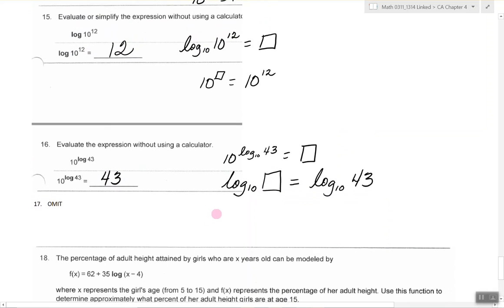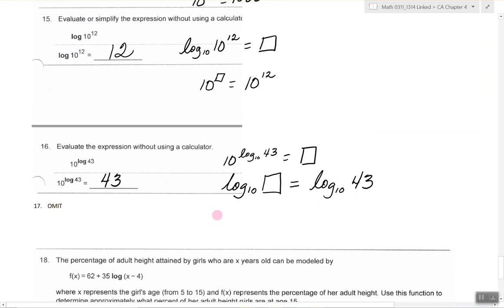Now, these both seem a little odd, but let me summarize something. If you have the common log of 10 to any power, it is equal to the power.